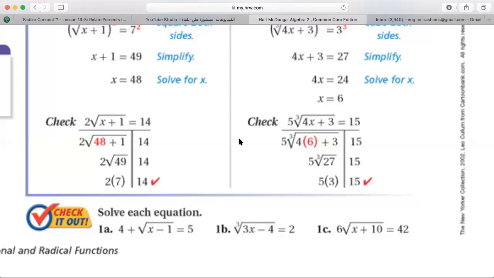Okay, so I'm going to write my answer here. x is equal to 39. And I want to check my answer. If I substitute x by 39, 39 plus 10 is 49. Square root of 49 is 7. 7 multiplied by 6 is 42. So my answer is correct.